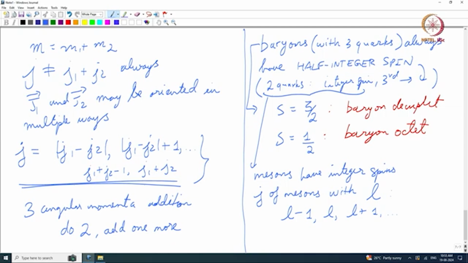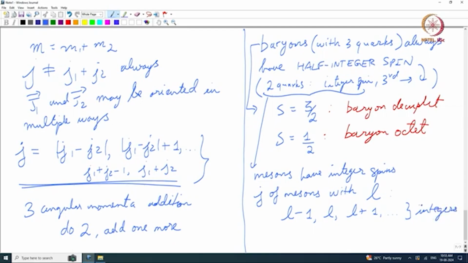Why is that? Because J is L plus S, correct, and then the total S is an integer. So, the total J also turns out to be integers exactly for this for mesons. Okay, so let me just write these are integers or whole numbers.